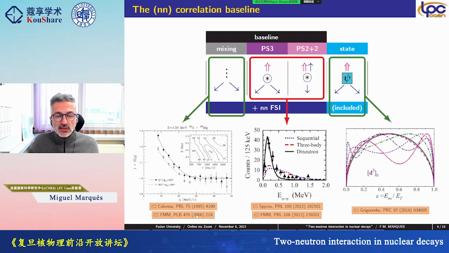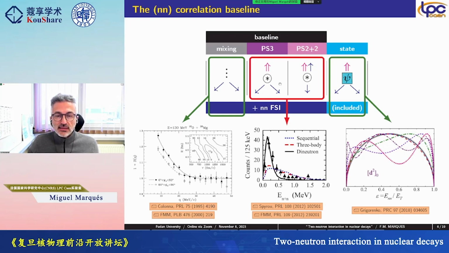There is our work at GANIL. On the right, you have the calculation of Grigorenko, where he makes a 3-body calculation with the neutron-neutron interaction included.